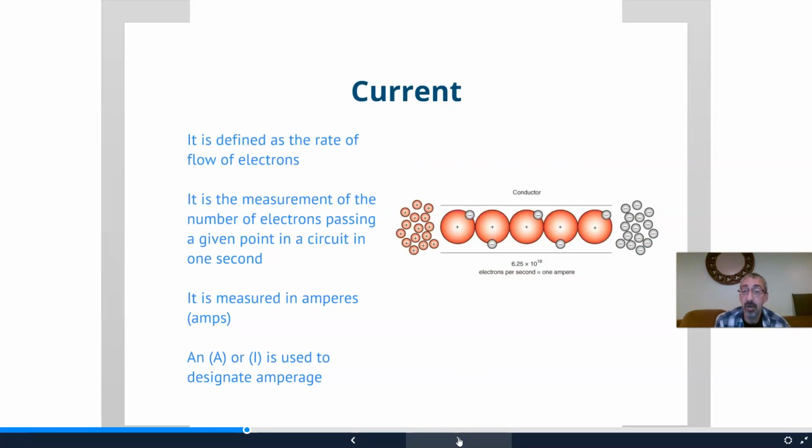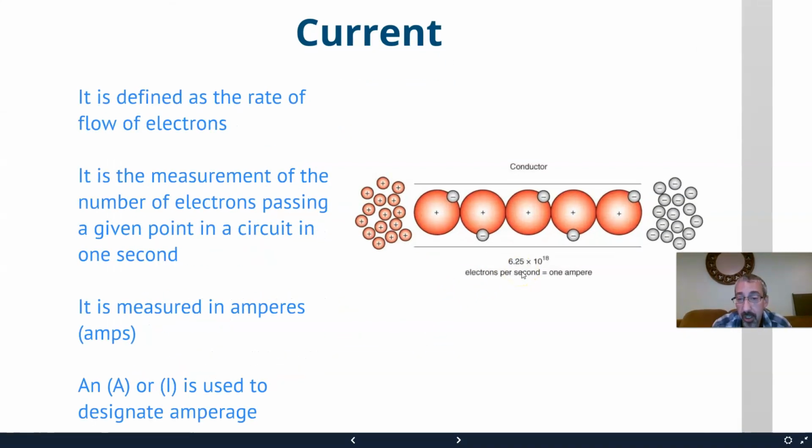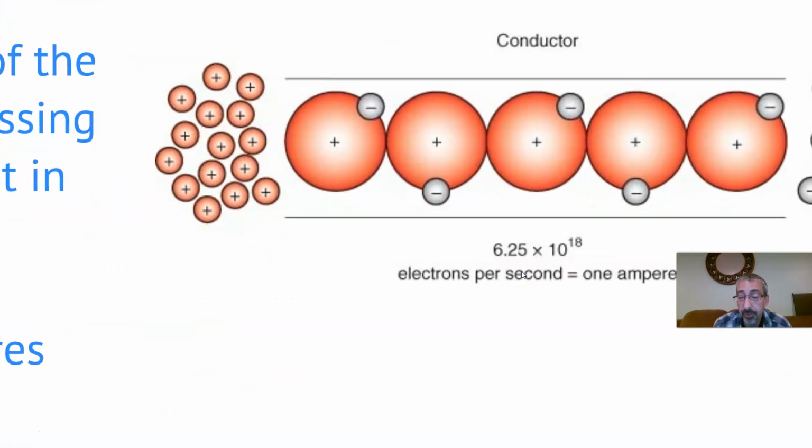That brings us to current. Current is defined as the rate of flow of electrons. This is the measurement of the number of electrons passing a given point in a circuit in 1 second. All right, so I don't know if you can see this right over here, but that's 6.25 times 10 to the 18th electrons per second.